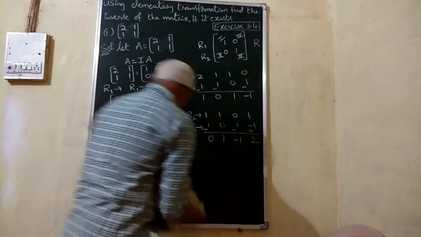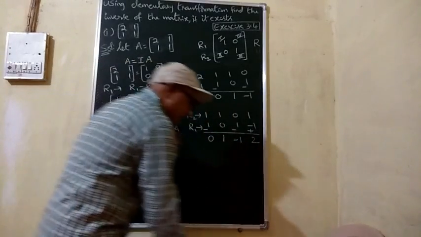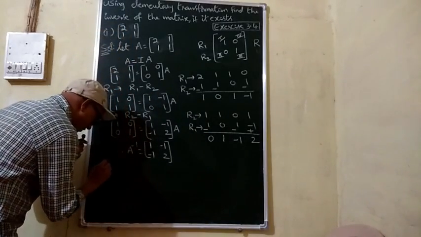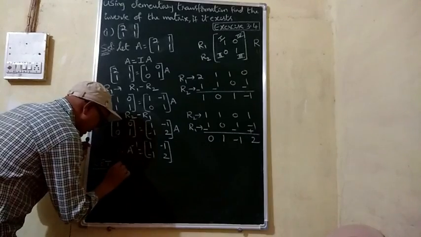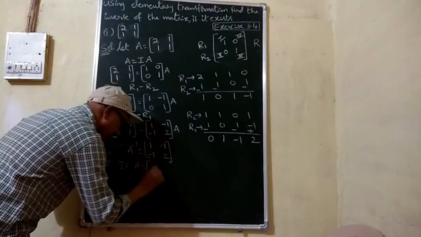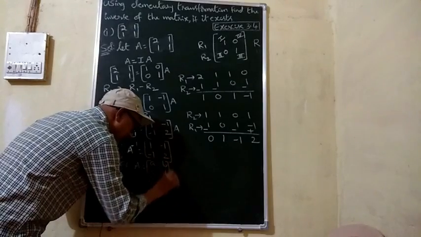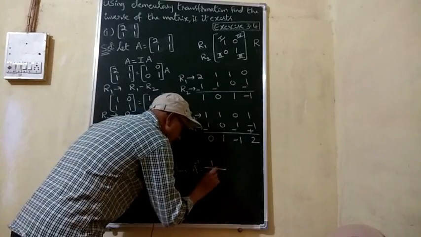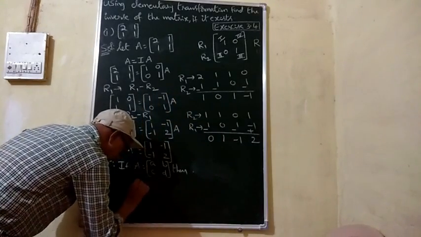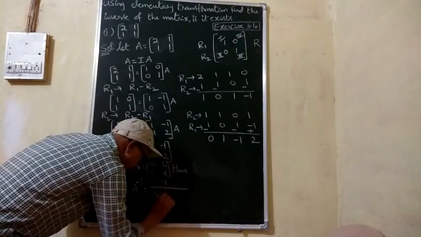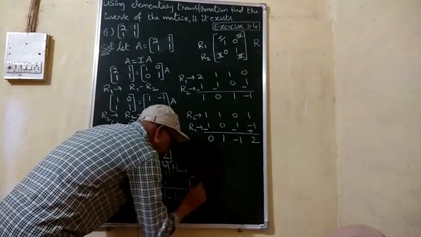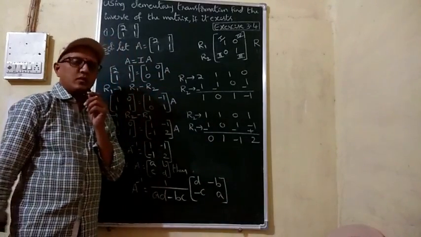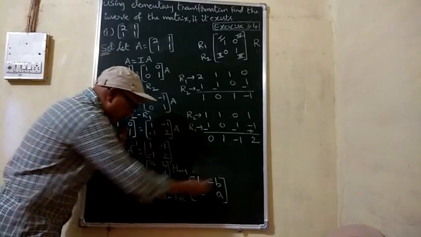Let us check whether this answer is correct or not. There is one shortcut to find out. If capital A equals A, B, C, D, then A inverse equals 1 by AD minus BC into D, minus B, minus C, A. You need not take any tension after reading this much.